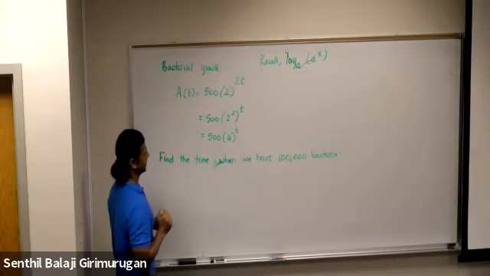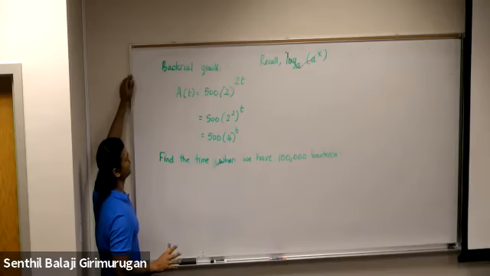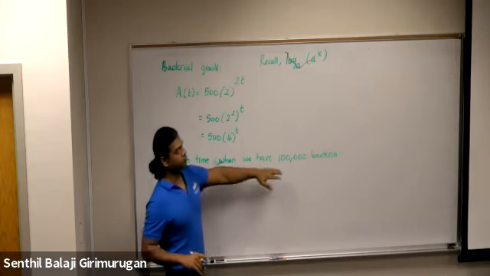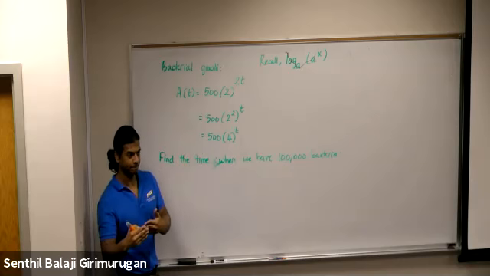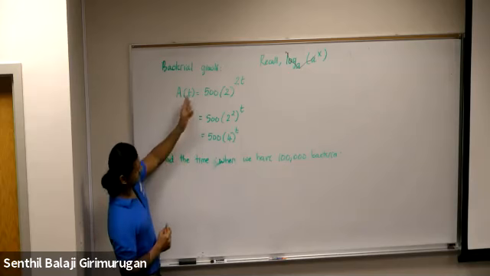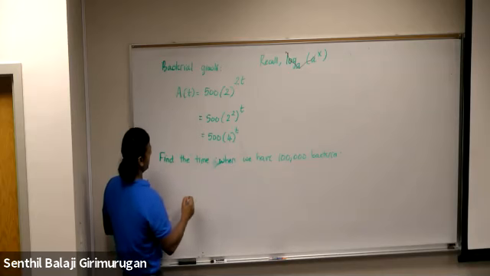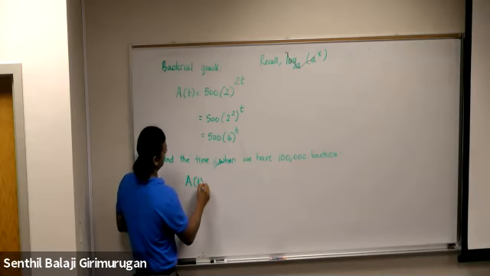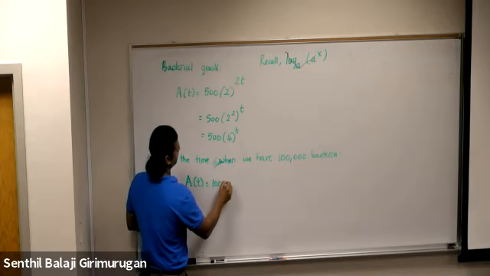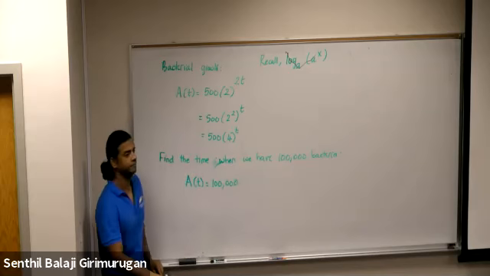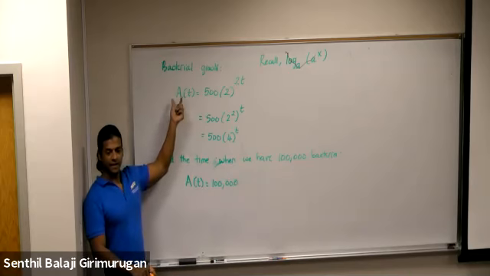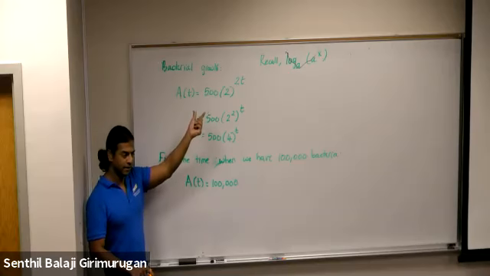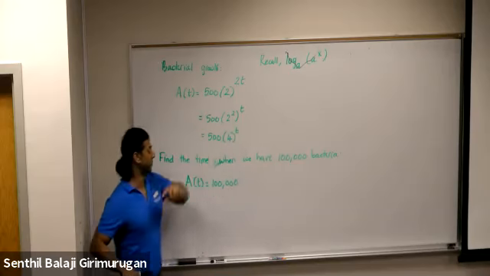This is where my algebra went off in terms of calculations last time. So now we have 100,000 bacteria, so we just have to solve for t. So A of t is equal to 100,000. We have to set A of t equal to 100,000 and solve for t.